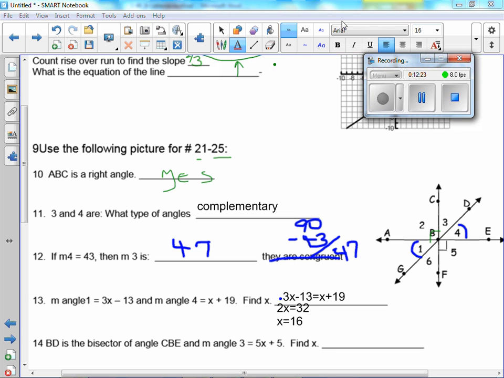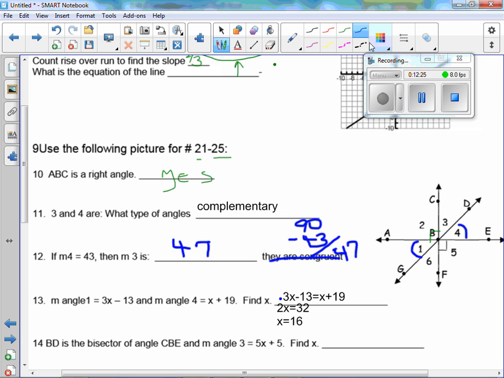So we see here, for these angles, these are vertical angles because they're across from each other. Since these are vertical angles, they are congruent. That means they're equal. So I set these values equal to each other and solved for x. So I have x equals 16.